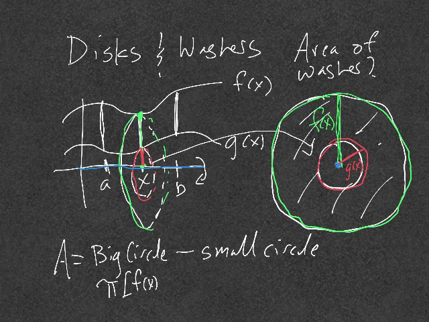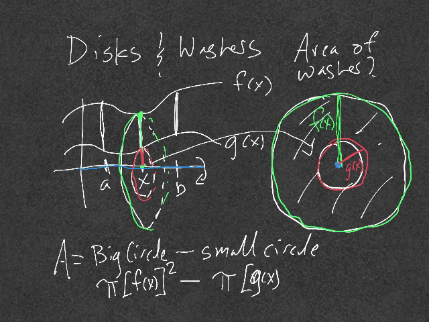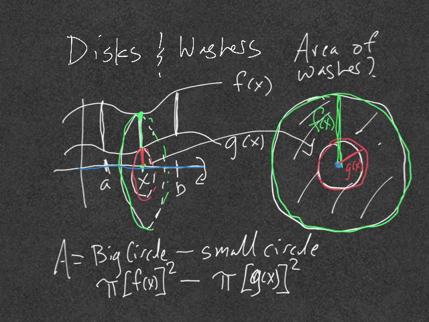So that's pi times f of x, quantity squared. And then the small circle, its area is going to be pi times the radius of the small circle squared. And that small circle has radius g of x. And so there's our area of our washer.